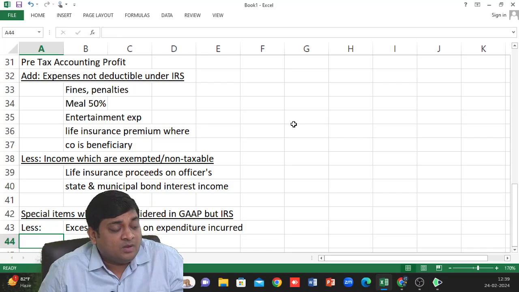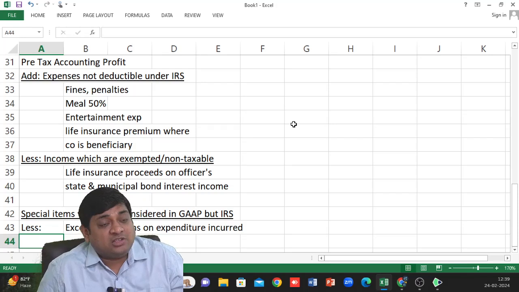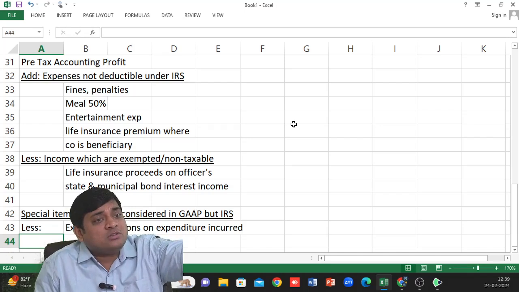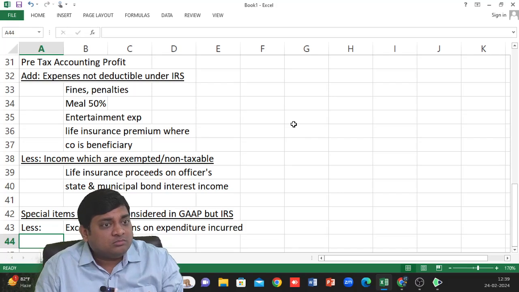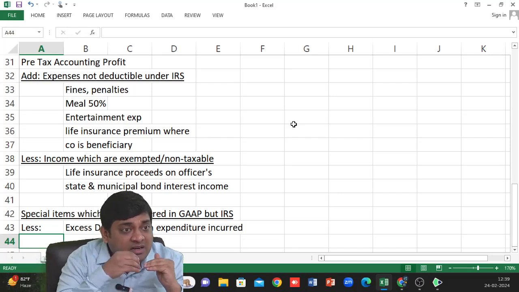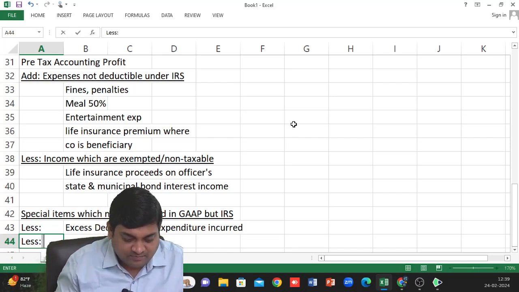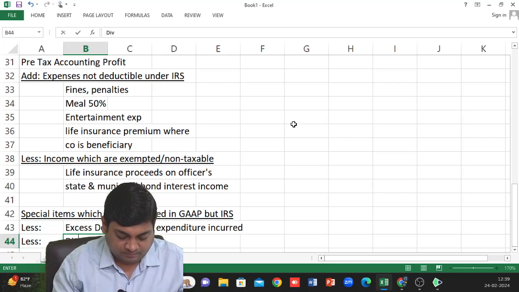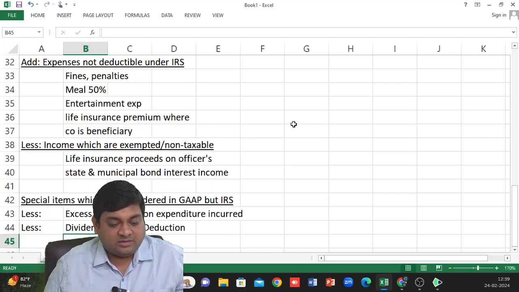Now there are some special tax allowances also. Like dividend income is included in accounts. Dividend income is taxable in income tax also. But there is some dividend income which is not taxable. So that I am going to deduct as dividend received deduction.